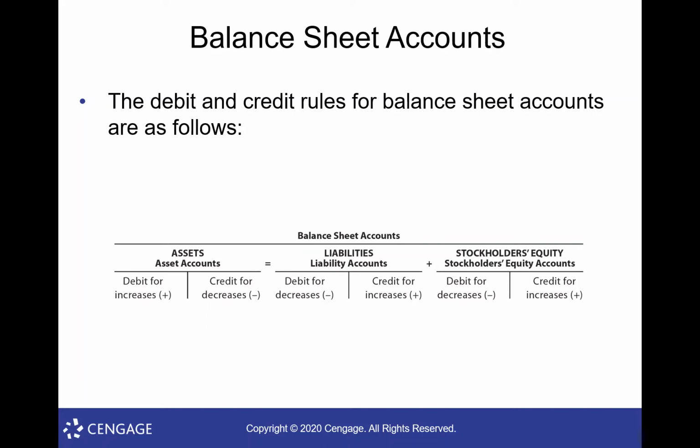This helps me because I know what assets are, and I recognize that because assets equal liabilities plus stockholders' equity, they're on opposite sides of the equal sign, so they're opposite from each other. For my brain, that works. So if I know assets increase with a debit and decrease with a credit, then I know that liability and stockholders' equity are the opposite, and I have all three of them memorized. That's how my brain grabs onto it.